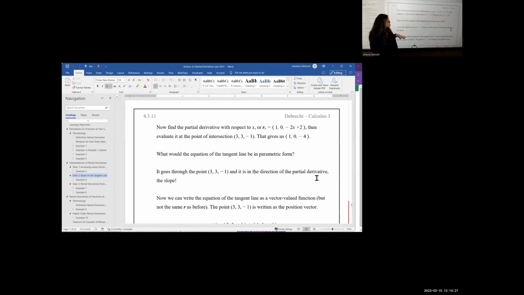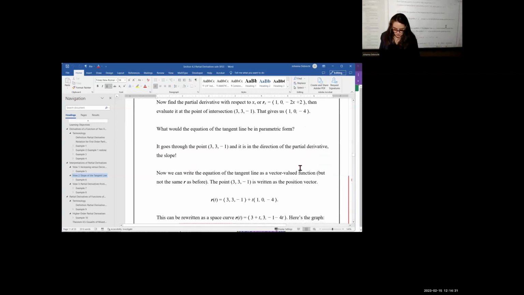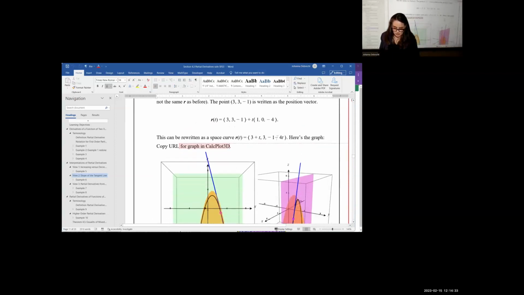So we write it in the vector parameterization form, which you'll see down here. You can see right here we have the position vector for the point 3, 3, negative 1 added to t times the vector that's going along the tangent line.